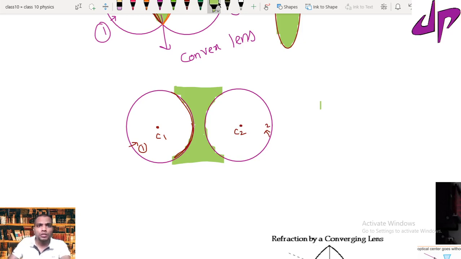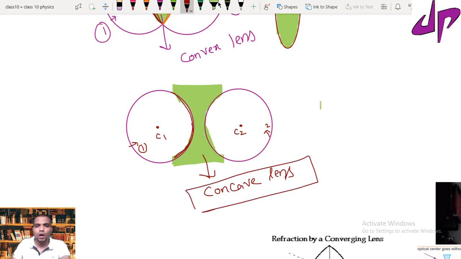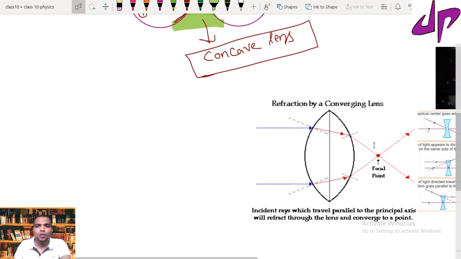And the mid portion of these two will act as our lens, which we call a concave lens. So this is how to make a convex lens and how to make a concave lens.